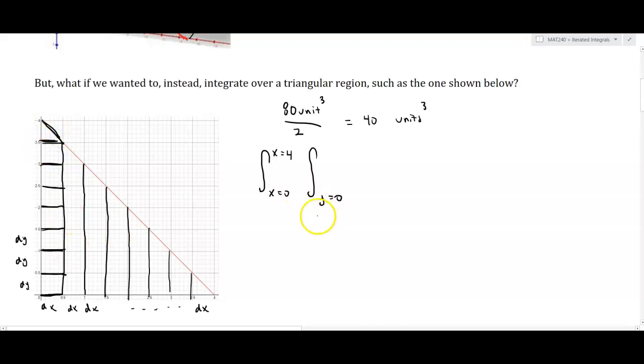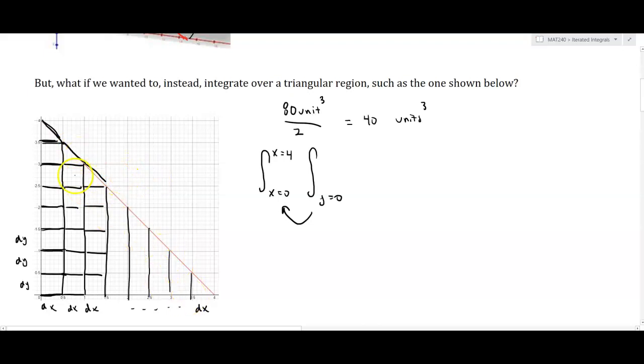Once I iterate to the next dx, this column here, I start slicing those up as well, starting at y equals 0, but not going all the way up to y equals 4, now I'm going a little bit lower. The thing each of these strips has in common is that I'm always slicing until I hit the line.